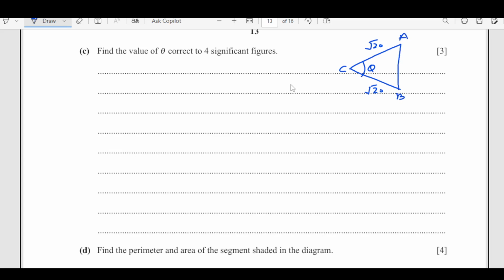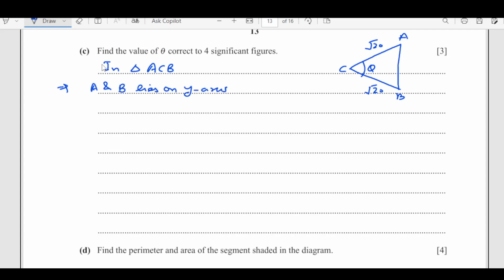So now in triangle ACB, what are we getting? A and B lie on the y-axis.